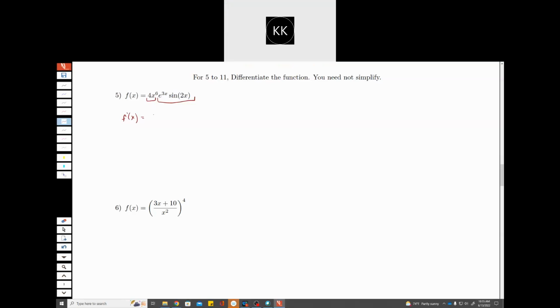Okay, thanks. So we're going to take the derivative of 4x to the 6th times this other piece left alone, plus 4x to the 6th times the derivative of this piece, e to the 3x times sine of 2x.